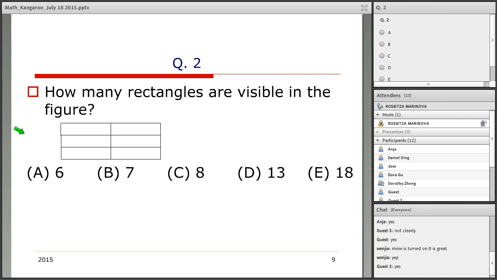Look at the figure carefully and figure out how many rectangles are there. You want to make sure that you figure out all the rectangles. So in your paper, if you want to draw this figure, and whichever rectangles you find, you might just want to draw those rectangles, and that way it will be easy for you to count those rectangles.